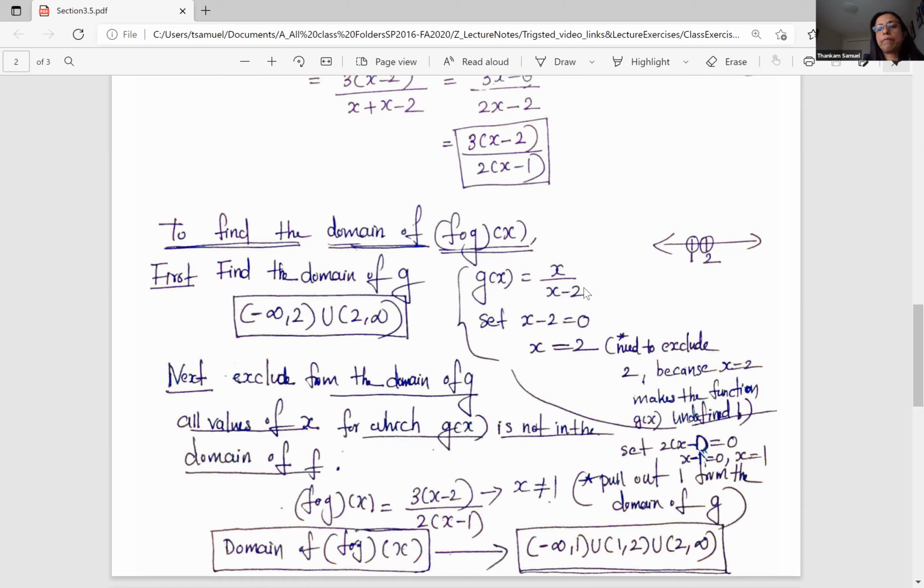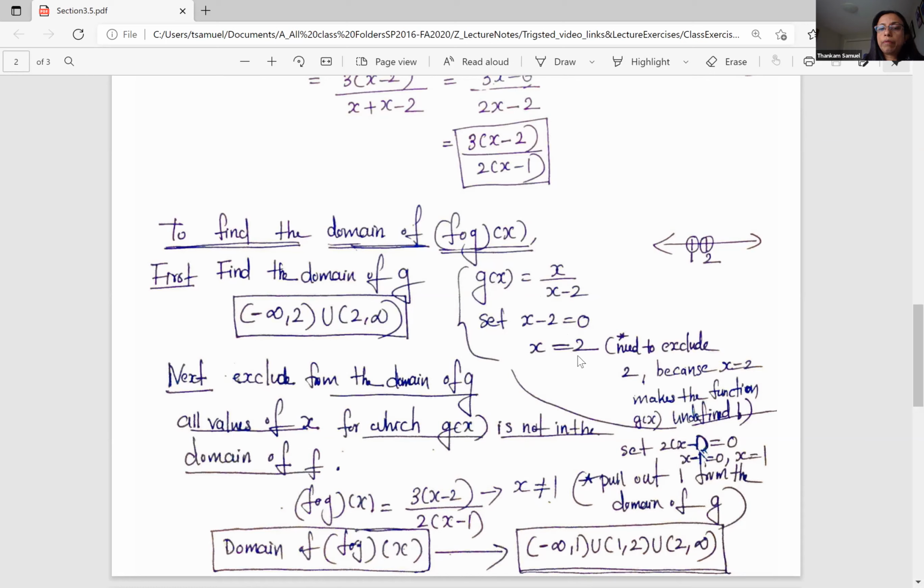This is a rational function. To find the domain of a rational function, set the denominator to 0. So x minus 2 equals 0. From that, we'll get x equals 2.